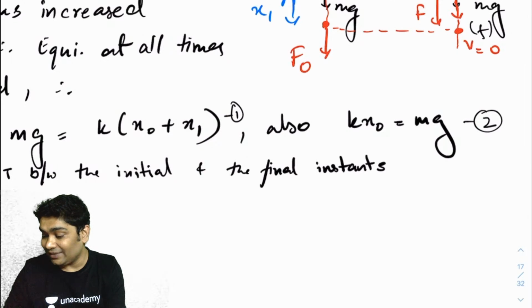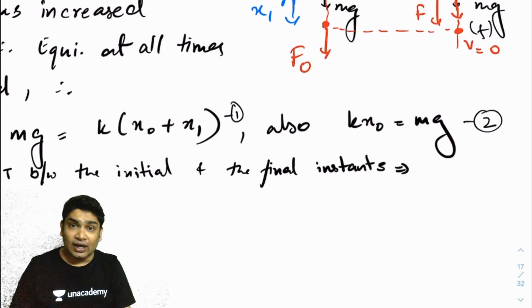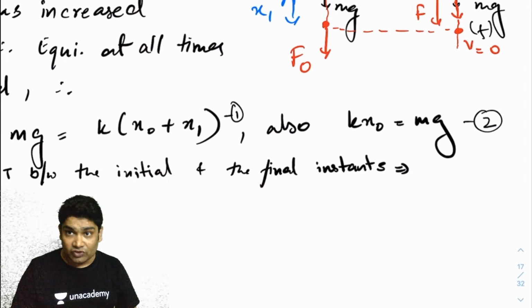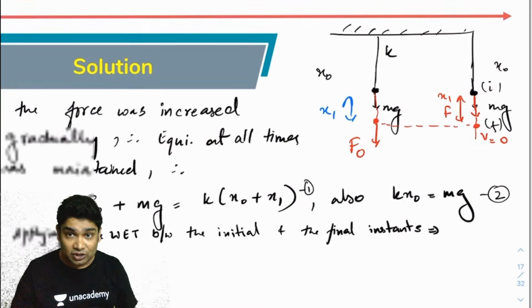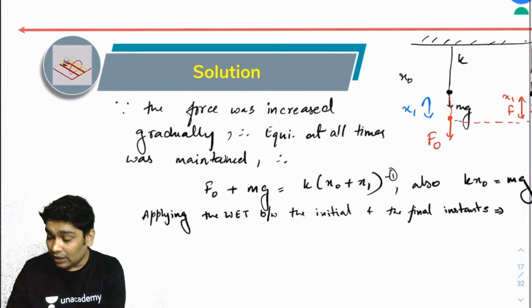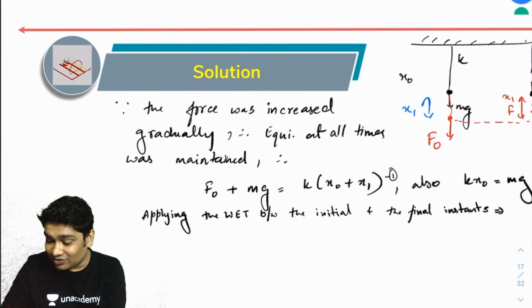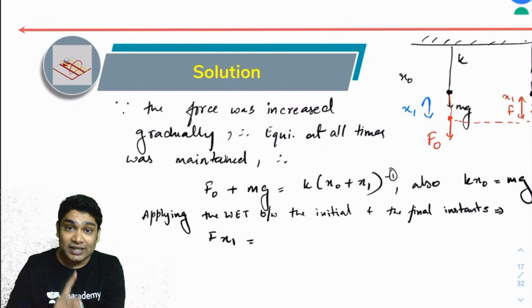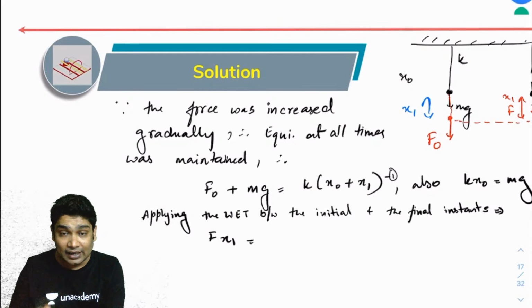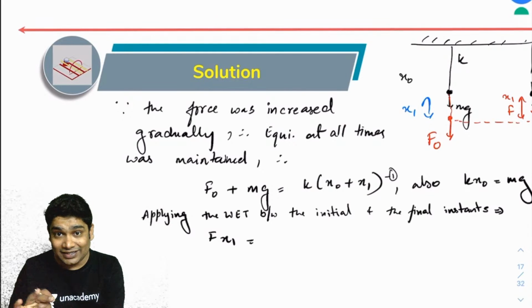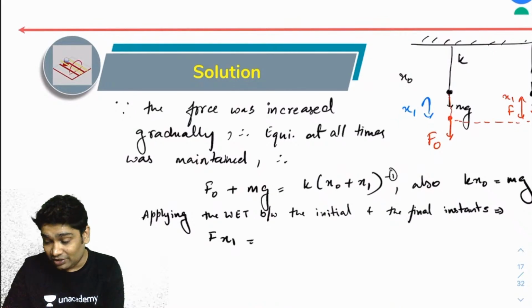So what all can I say? I can say that the work done by the force F would be F times x1. Why? Because this is a constant force. F times x1 should be equal to the change in potential energy plus change in kinetic energy. There are two kinds of potential energies.